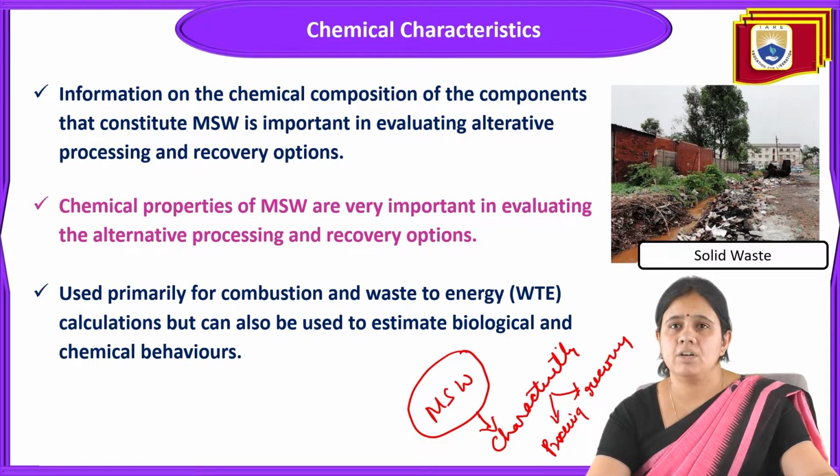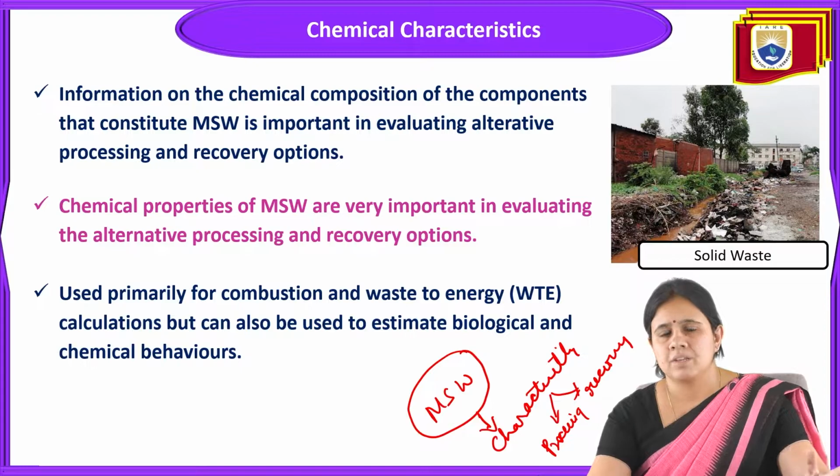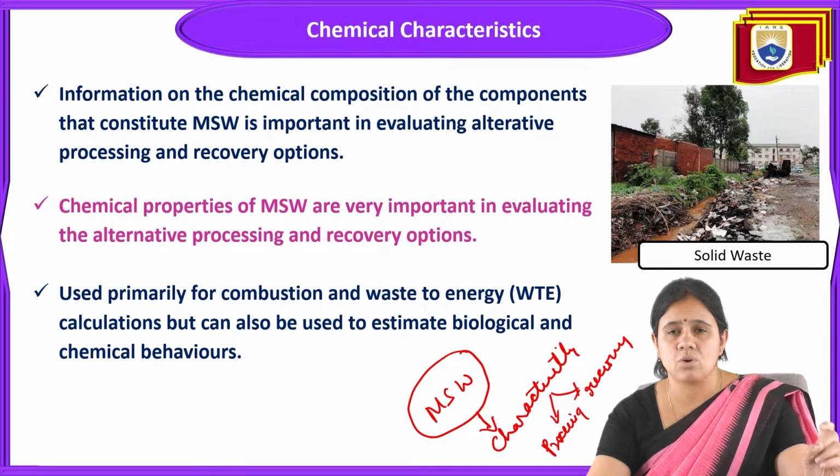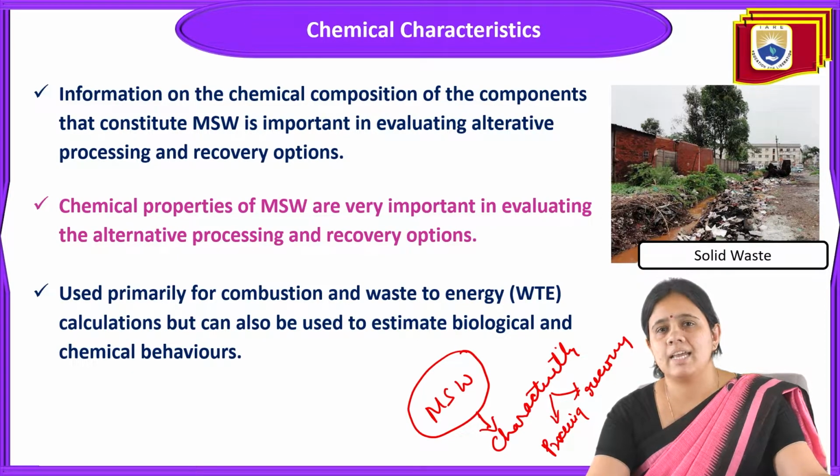Primarily, we should know these chemical characteristics for combustion, or for the conversion of waste to energy calculation, but they can also be used to estimate biological and chemical behavior. We should know them to burn the waste or to convert waste to energy, and for the calculation. But it is also used for the biological and chemical behavior of the particular MSW.